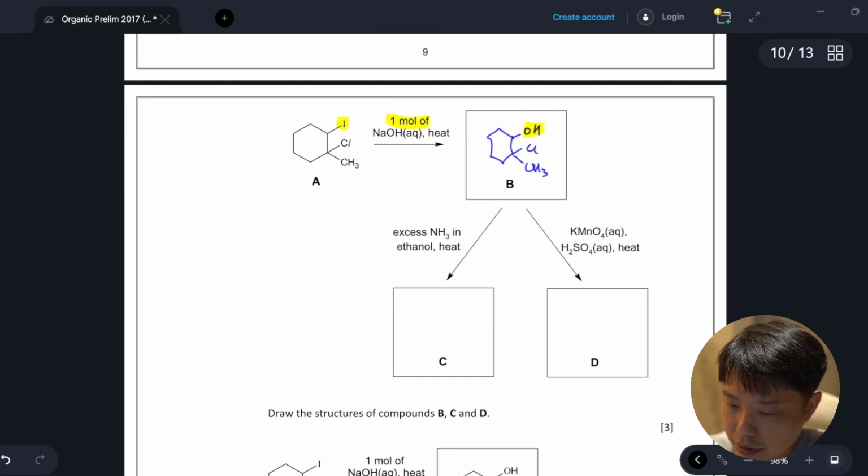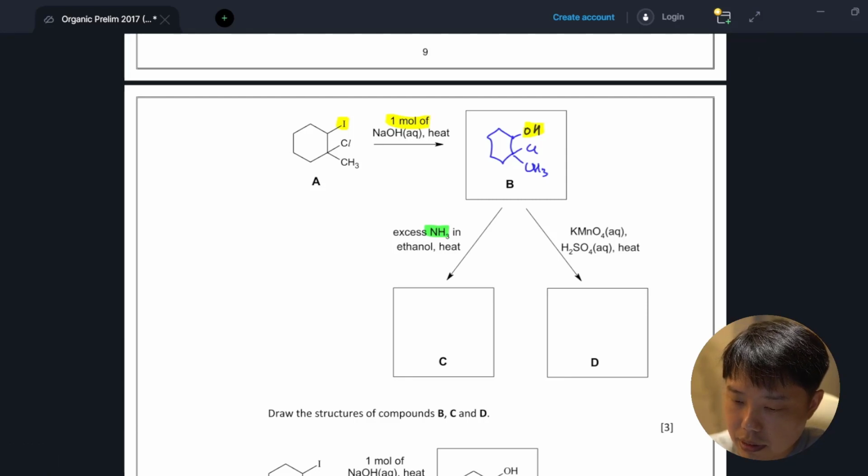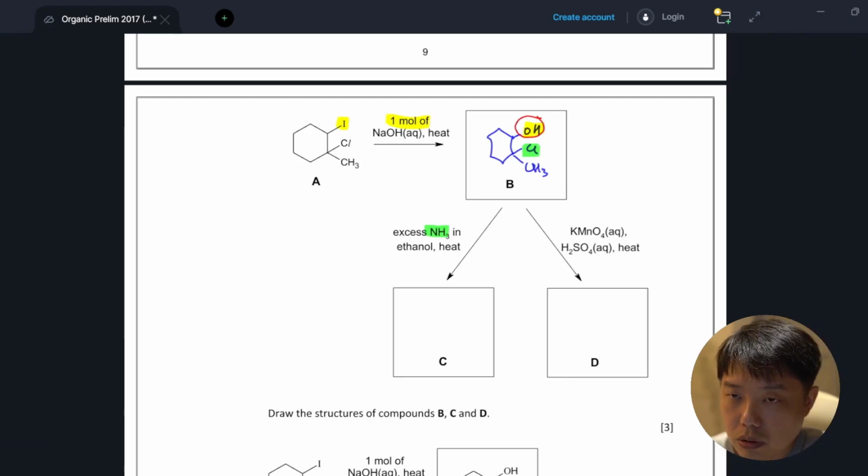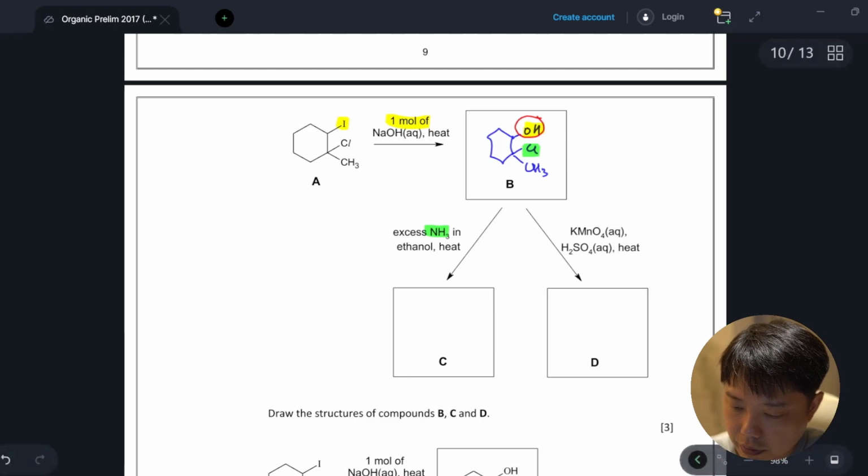Okay, then after that, you're going to use excess ammonia in ethanol, heat. This reagent and condition is to substitute the C-Cl bond with an NH2 group. All right, and then for KMnO4, you know that that is to oxidize your OH into a ketone, right? A secondary alcohol into a ketone.